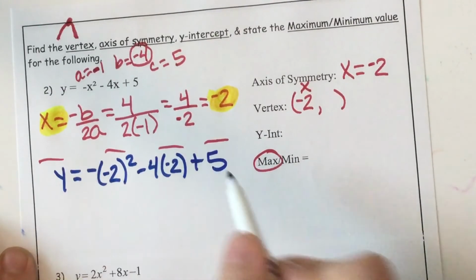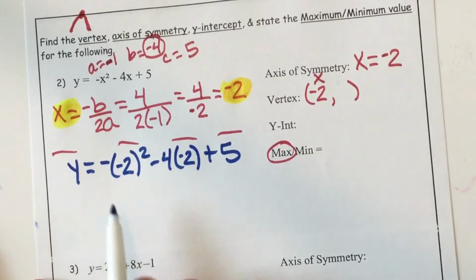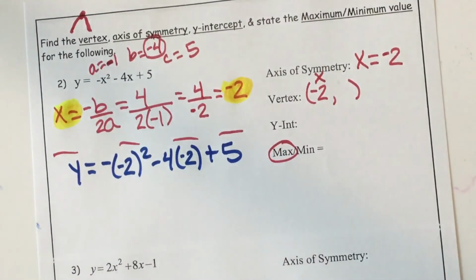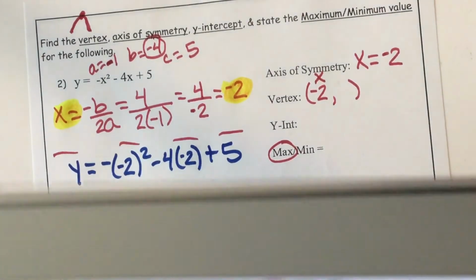Now I get to put all of that in my calculator just like I wrote it. I need that negative, and I need the parentheses with that negative. Okay, so I'm going to go to my handy dandy graphing online calculator.